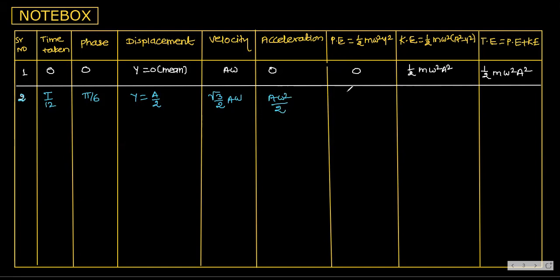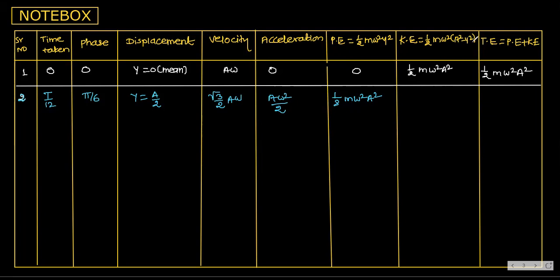Next one, potential energy: y is equal to a by 2, therefore 1 by 8 m omega square a square. Next, kinetic energy: here y is not 0, y square means a square by 4.